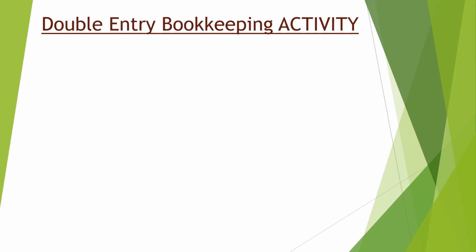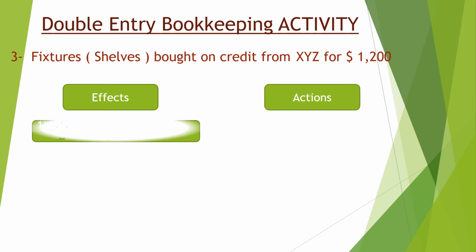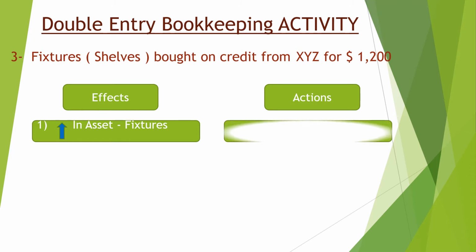The next one. Fixtures bought on credit from XYZ for $1,200. Now we can see here the liability is increased. So let's see the effects and the actions. The first one is an increase in assets as fixtures came in.